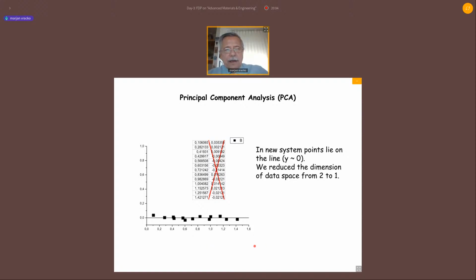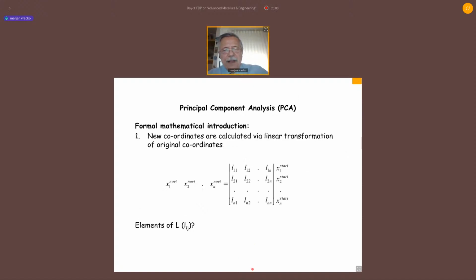And the generalization for multidimensional spaces is this method, PCA. Formally it is introduced with a mathematical transformation. So we introduce new coordinates, which are a linear transformation of old coordinates.